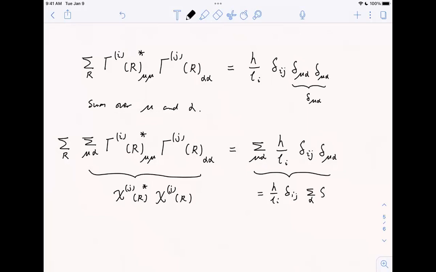Only when mu equals alpha do you get 1; when mu is not alpha, you don't. So this is just 1. Eventually this will only become the dimension.